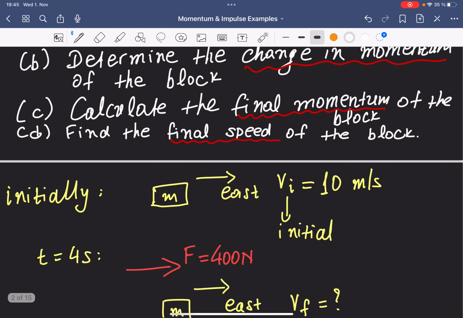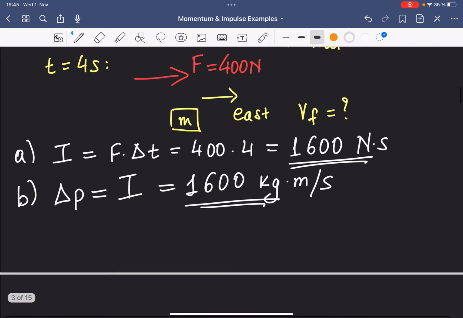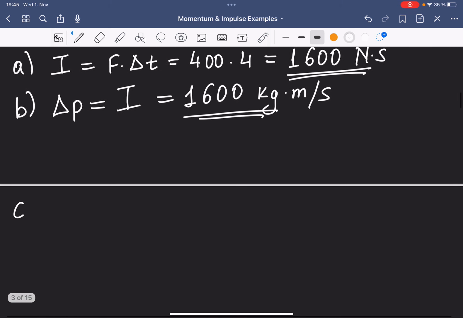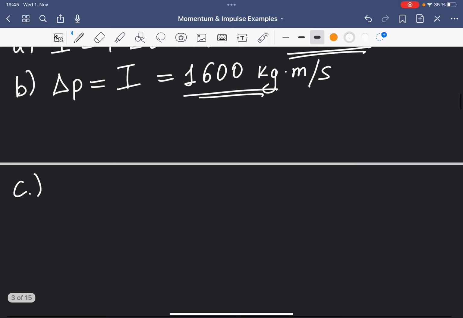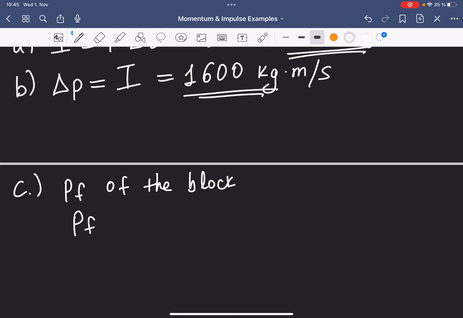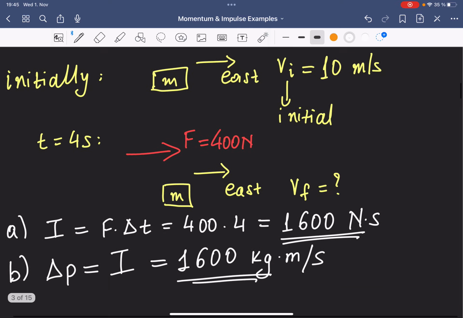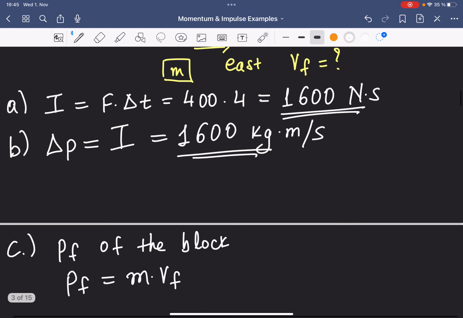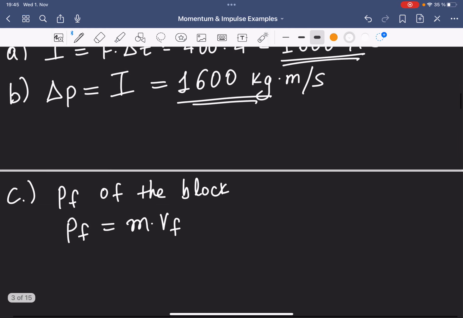Question C, calculate the final momentum of the block. So question C, we want the PF of the block. Now the PF is going to be the mass of the block times the VF, which I remind you that we don't know. But what do we know?